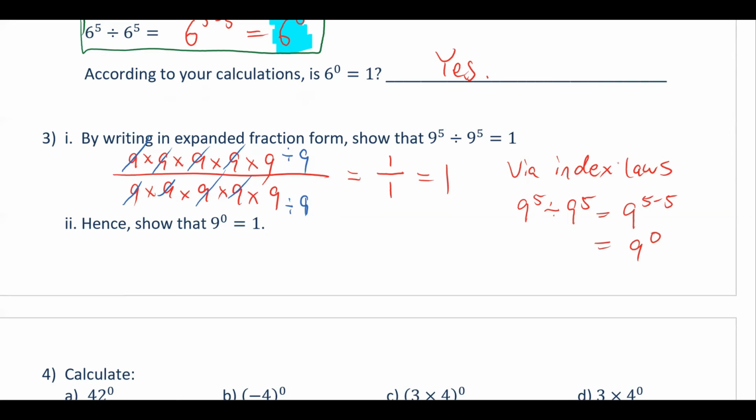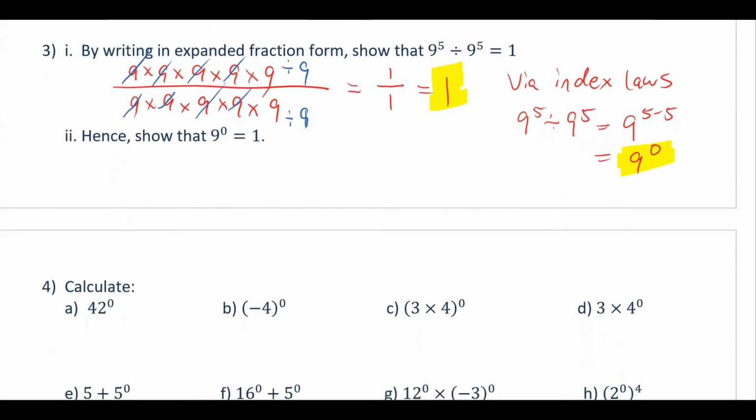And because we were able to show that the left-hand side is equal to 1 and it is also equal to 9 to the power of 0, we have basically done the second part in one go. So that's part 2 answered as well.